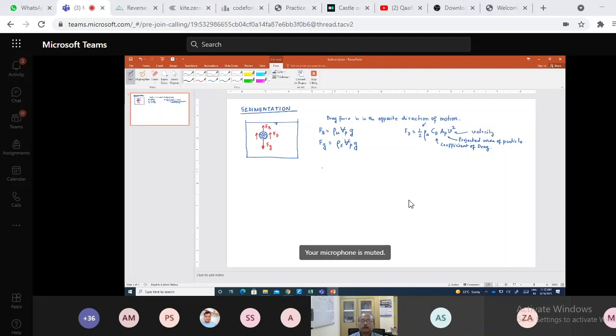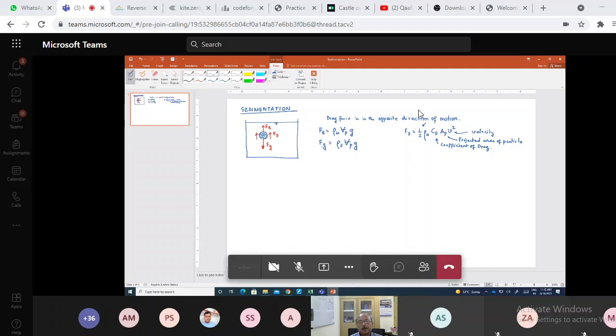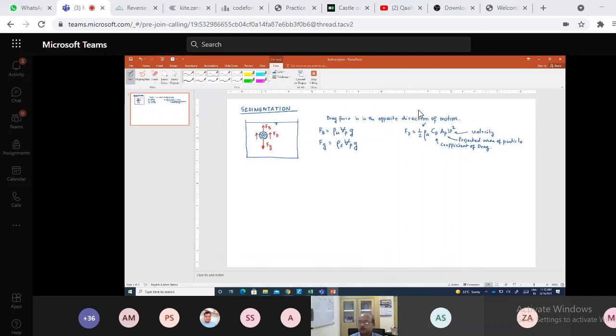All right. So now what happens is that, initially, think about there being no force of drag, only force of gravity and force of buoyancy. Suppose the force of gravity is much more than the force of buoyancy, so the particle tends to settle inside the water.